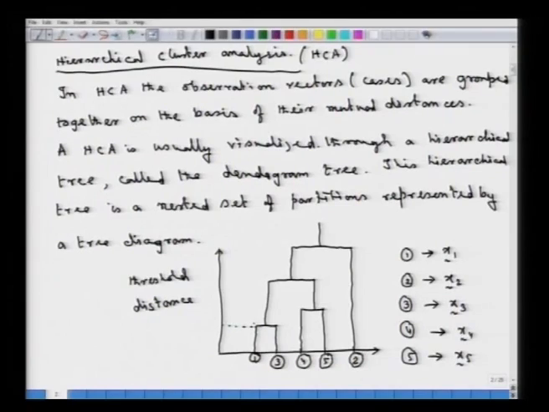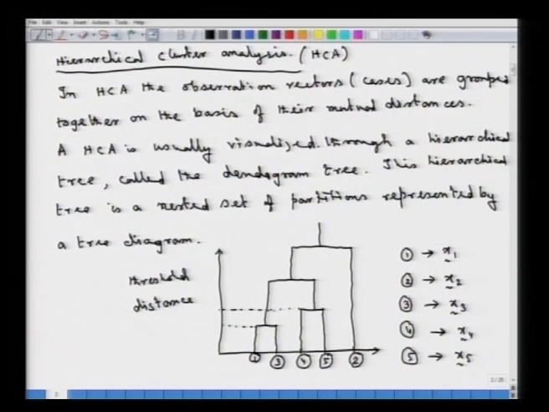So, they are merged at this particular level here. Then case number 4 and case number 5 are the next 2 cases that can be merged to form one single cluster, at this particular distance out here.